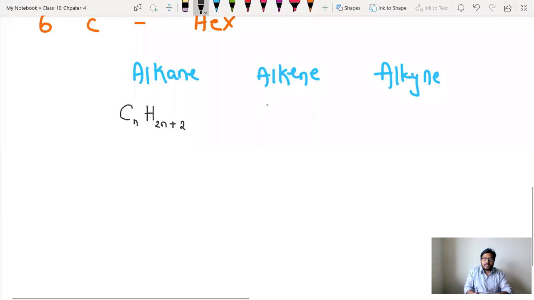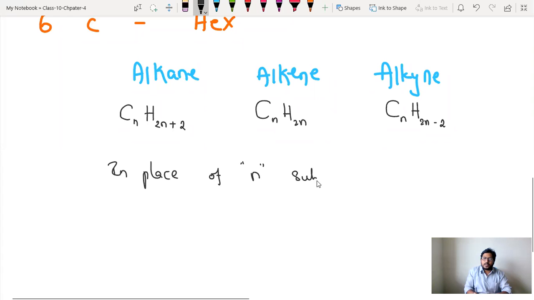I'll tell you what is that. Alkene CnH2n, alkyne CnH2n minus 2. In place of n, substitute natural numbers like 1, 2, 3, 4, 5, 6 and so on.